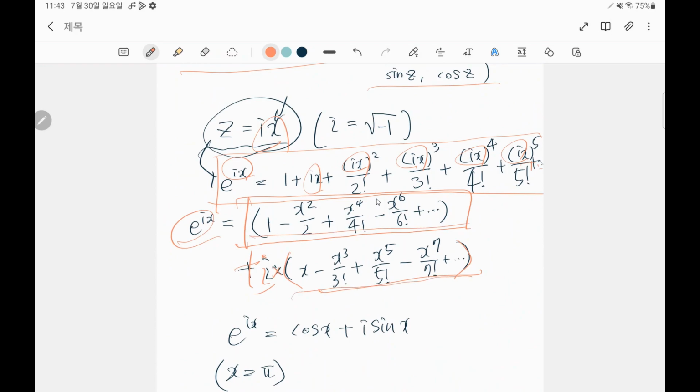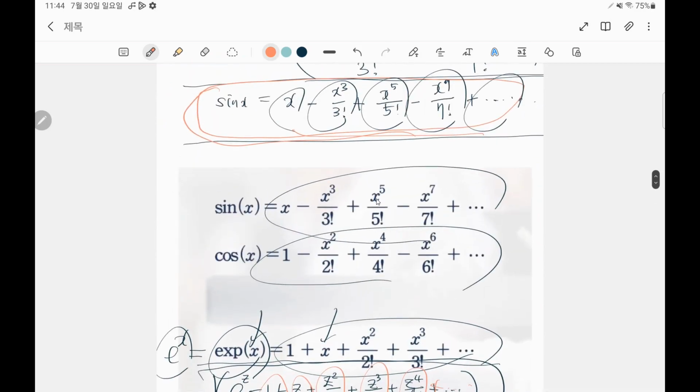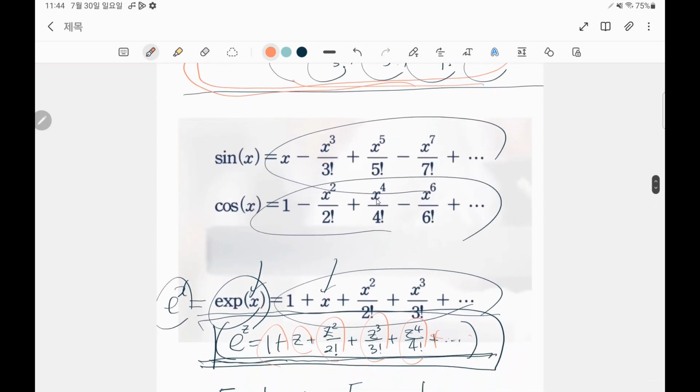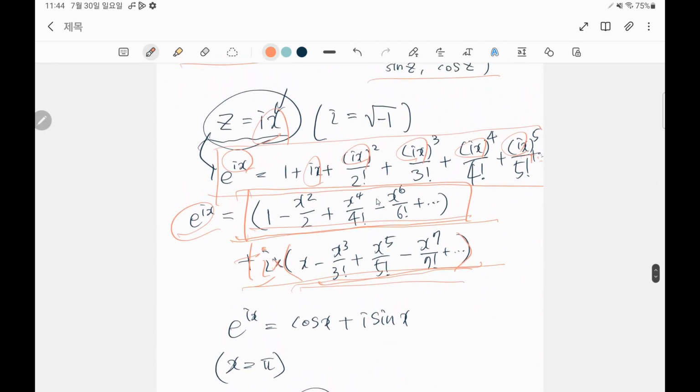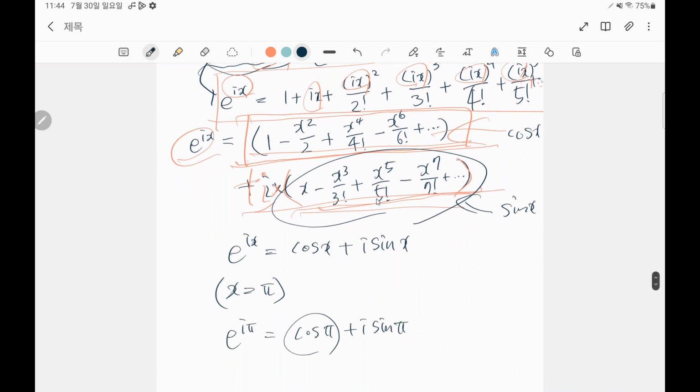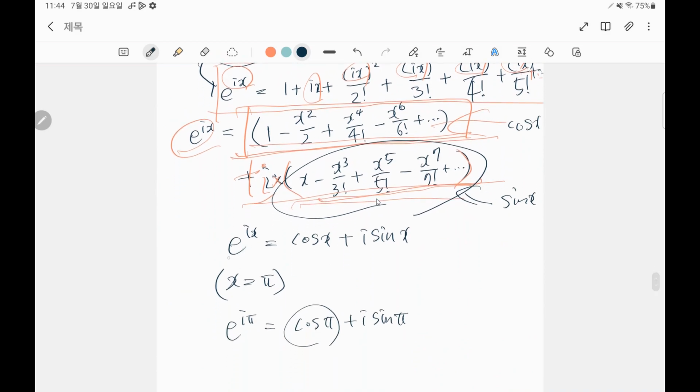You get these two series, which, if you look closely, are the Taylor expansions we derived of cosine of x and sine of x. The first term becomes cosine of x, and the second becomes sine of x. So we can briefly summarize that e to the ix equals cosine of x plus i sine of x.